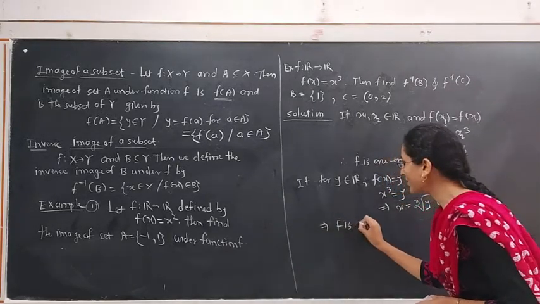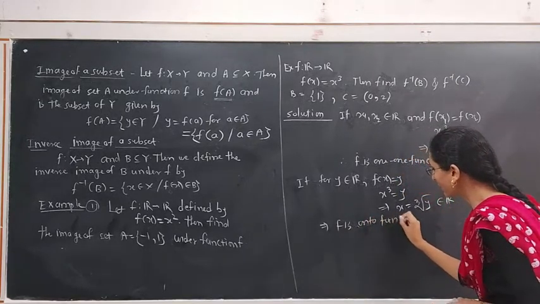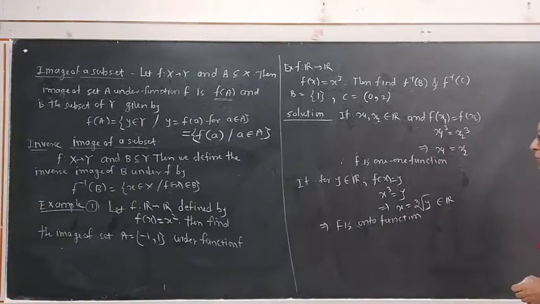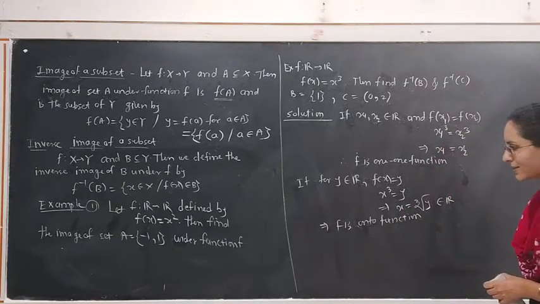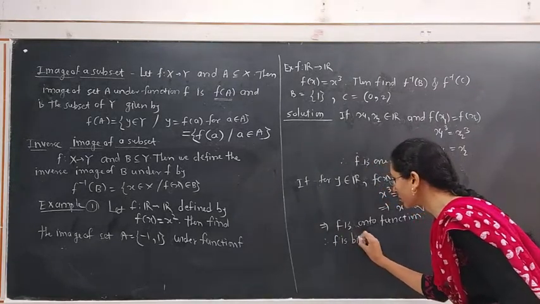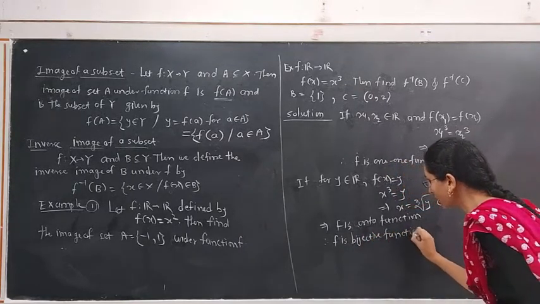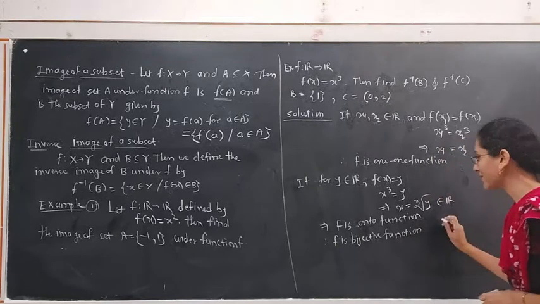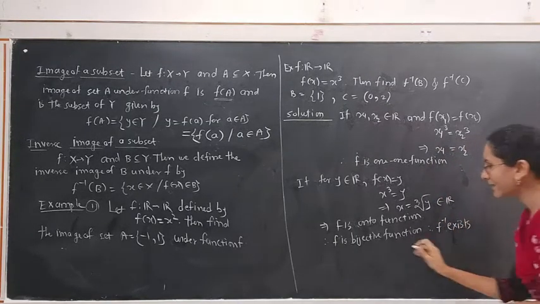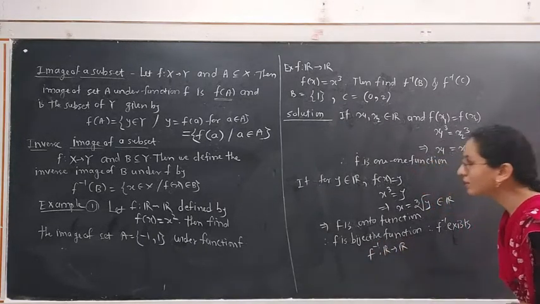This implies f is an onto function. Therefore, f is both one-one and onto, hence f is a bijective function, and hence f inverse exists. It is given by f inverse from R to R.